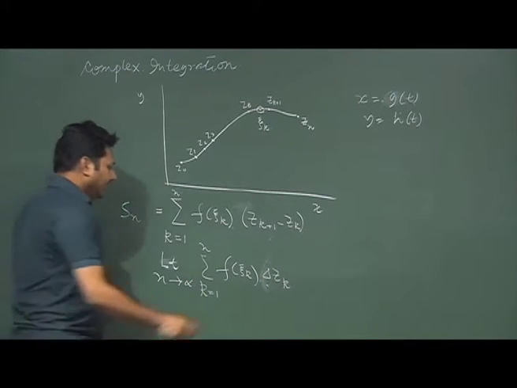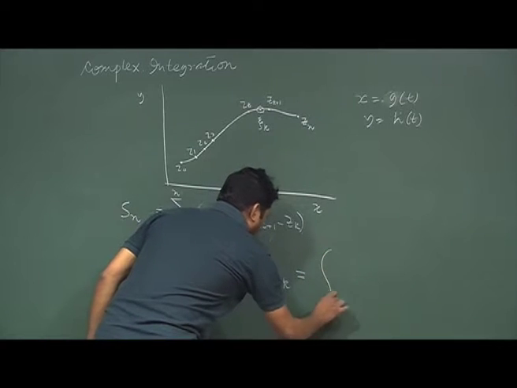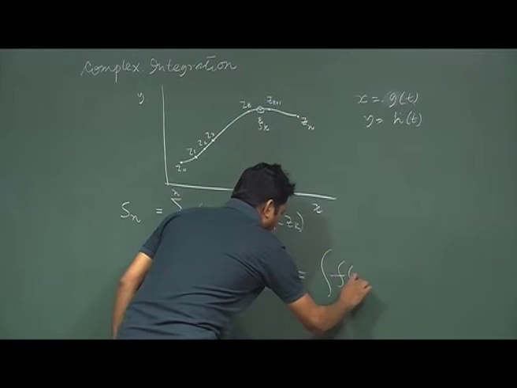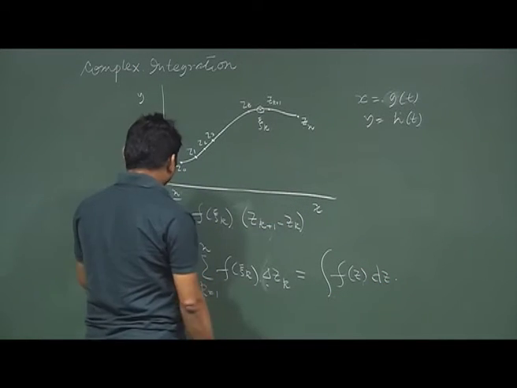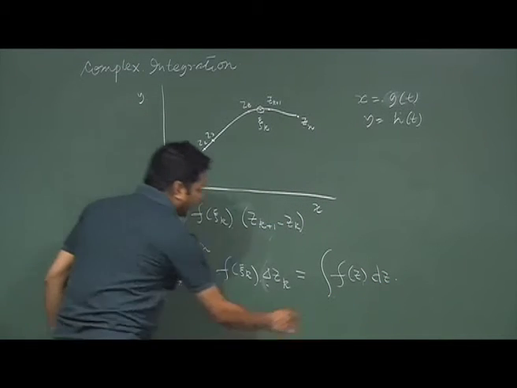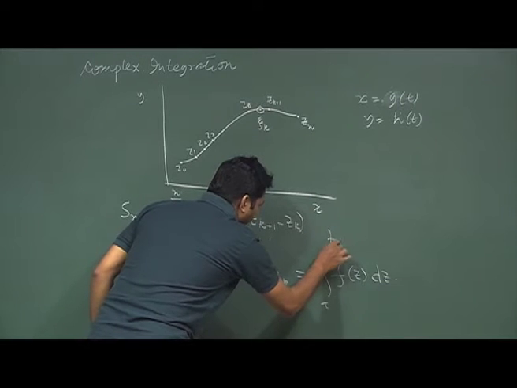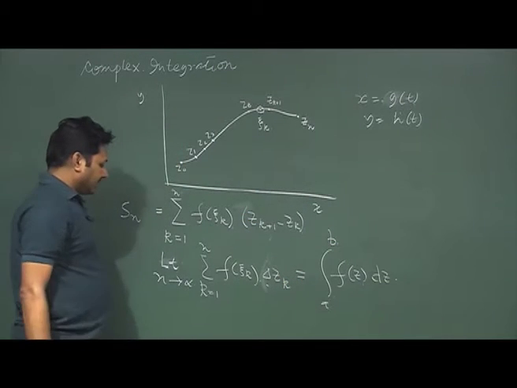Now, this quantity is converted to an integration with the limit, say from an initial value to a final value, say a to b, like this.